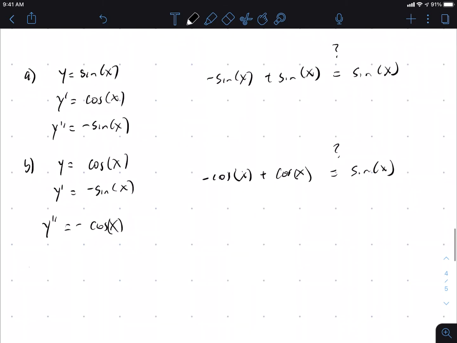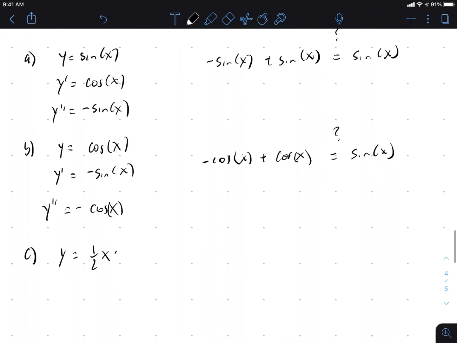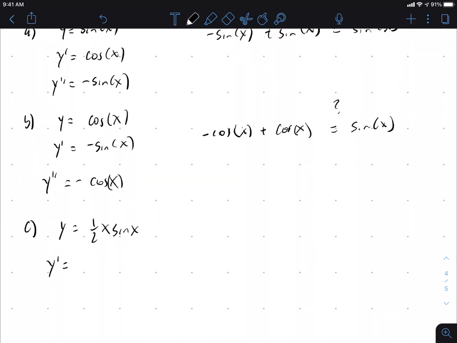Now we're delving into some other world. So y was equal to 1/2 x sine of x. Now the first derivative of this is 1/2 sine of x plus 1/2 x cosine of x, right?